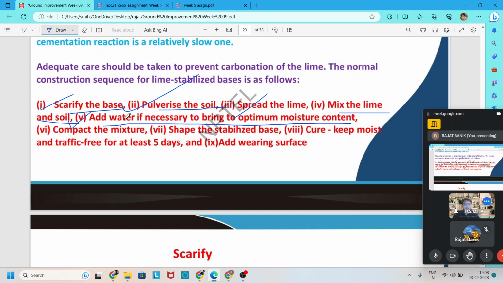After that, the wearing surface should be placed over the lime stabilized soil.